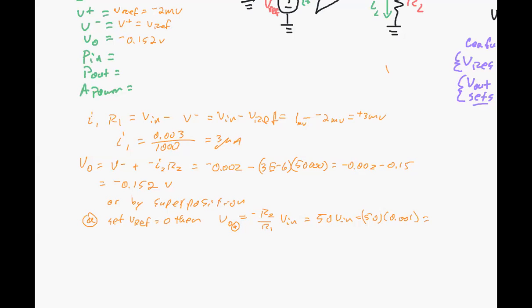So we get minus 0.05 volts. And B, set Vn to 0.